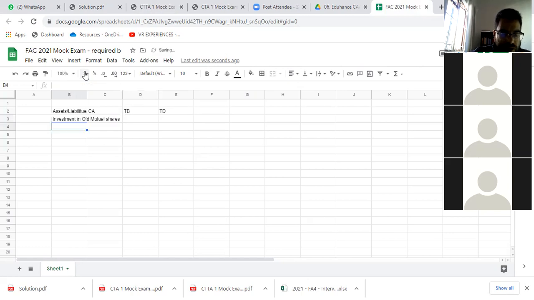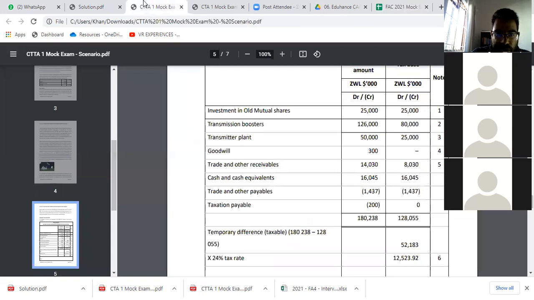The next one was the transmission booster, then the transmitter plant, then provisions. Then on the table there is goodwill.